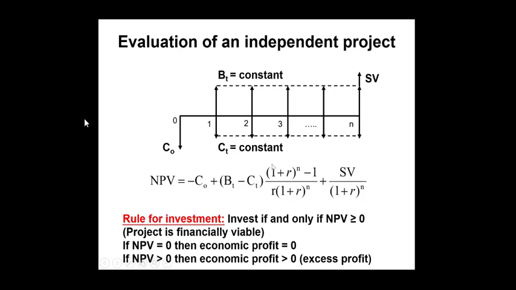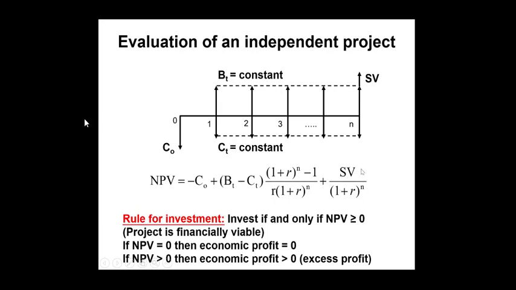This factor is the equal payment series present worth factor, and here is the annual value. And plus SV, which we convert to time 0: plus SV divided by 1 plus r to the power n.